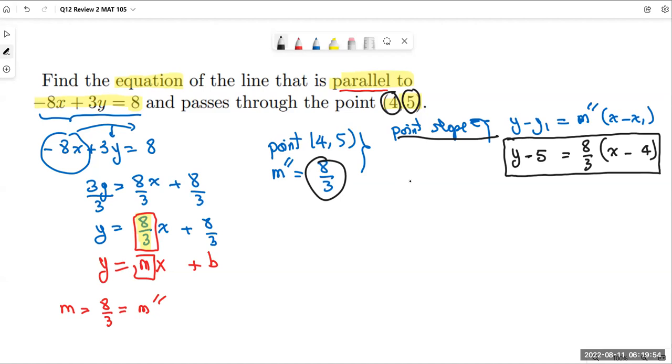Now, suppose they ask us for the slope-intercept form. How can I do that? The way to do it is to get rid of the denominator and group and solve for y. First of all, we take the equation y minus 5 equals 8 over 3 times x minus 4, the same equation.